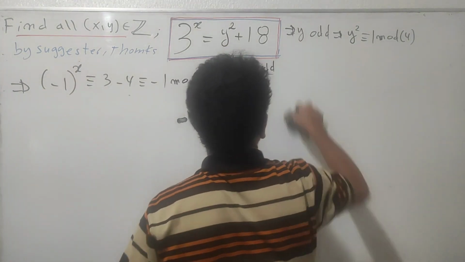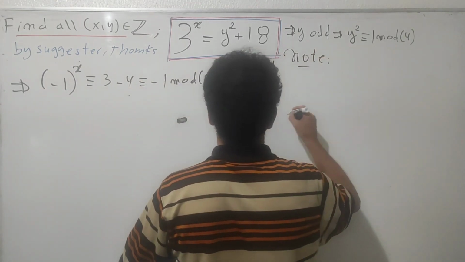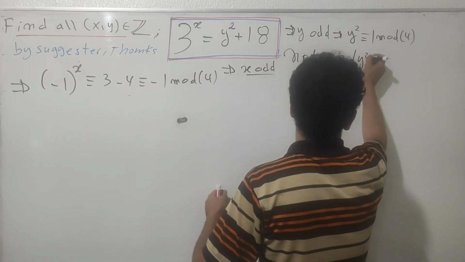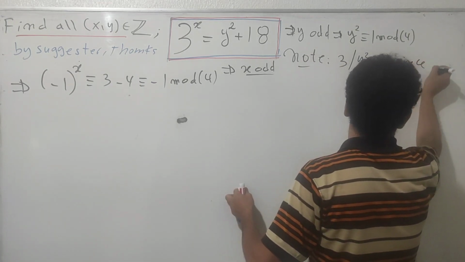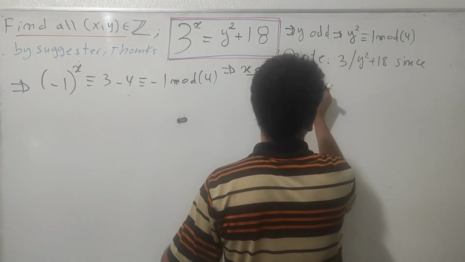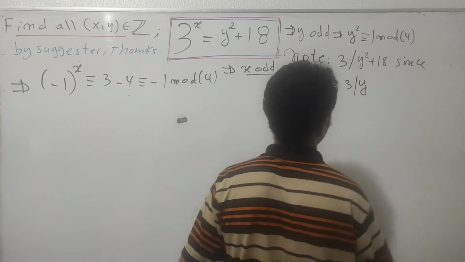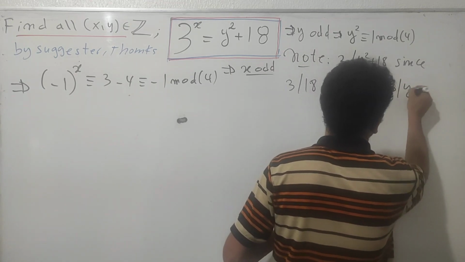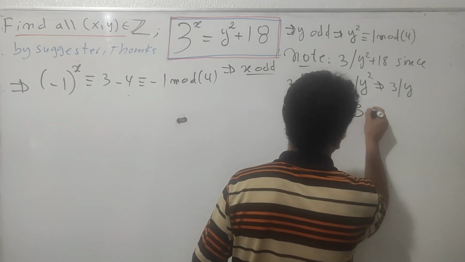Let's put it as a note. 3 divides y squared plus 18. Since 3 divides 18, 3 divides y squared, which means 3 divides y.